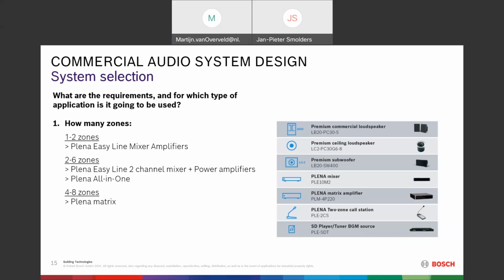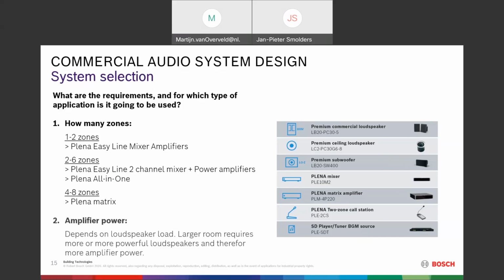Or if you need 2 to 6 zones, we at least need a 2-channel mixer for Planar Easy and some power amplifiers, or we can use the Planar All-in-One, which has 6 zones. And if we need more zones, 4 to 8, then you need Planar Matrix.